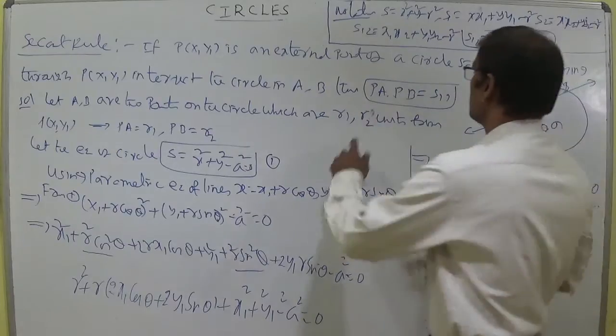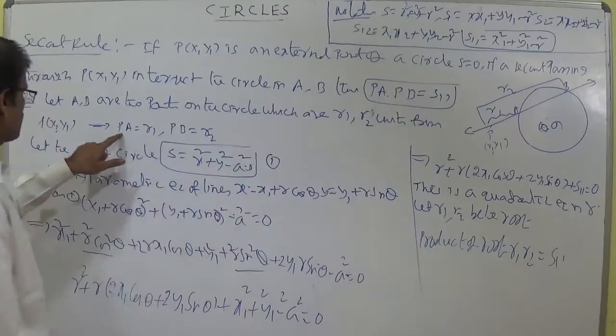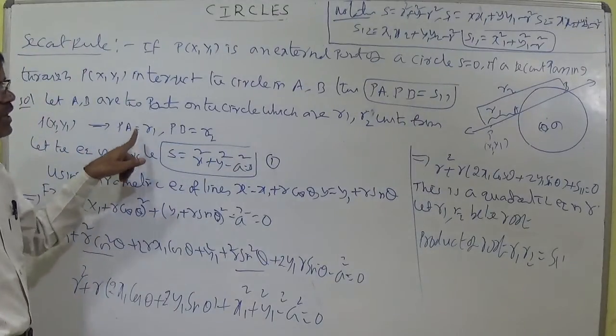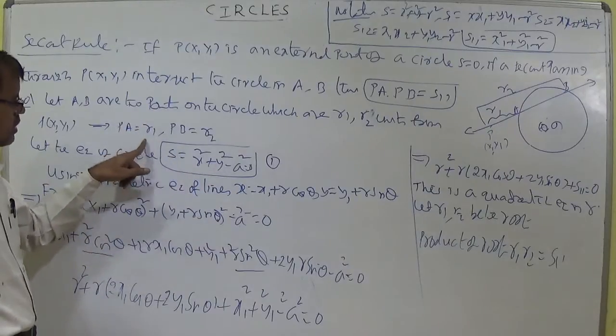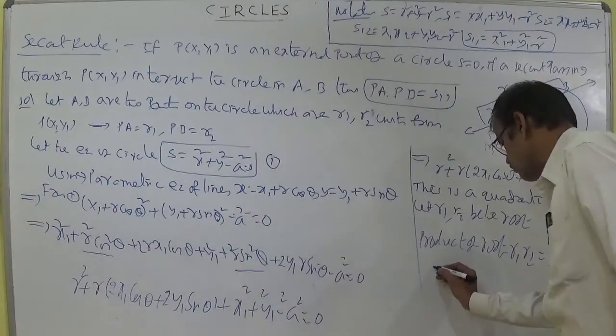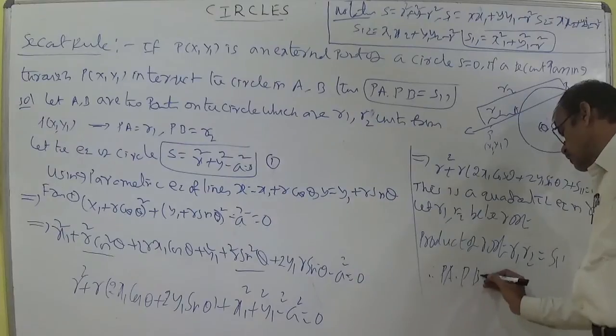Here I have written directly that PA dot PB is equal to S11. Here PA means r1 and PB means r2. So the distance between a point P and A on the circle, and the distance between the point P and B on the circle, therefore you can write directly PA dot PB is equal to S11.